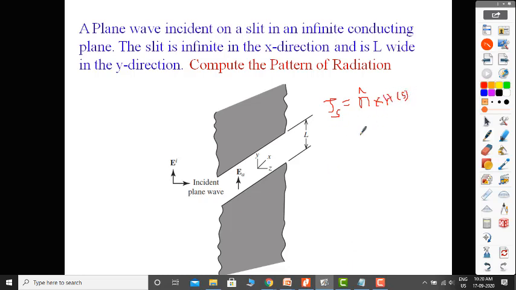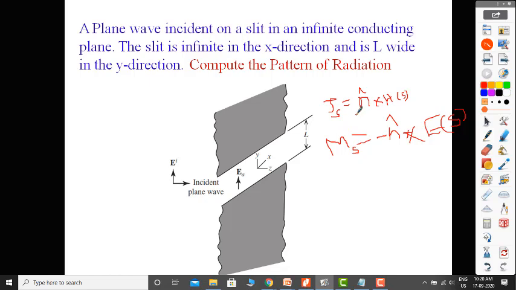Similarly, the tangential electric field over the aperture, minus n cap cross Es, is modeled as Ms. This is called the magnetic current density.